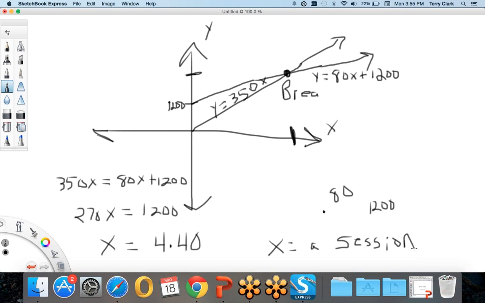Okay, and so that's why they want you to use the graph. But yeah, this way you'll have to create your own revenue and cost equations.